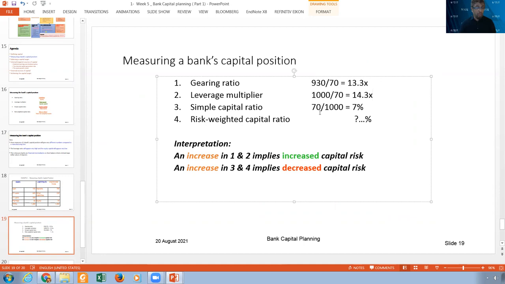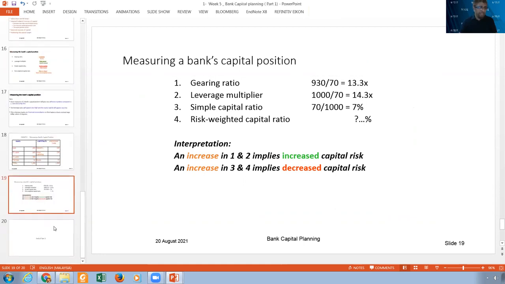But when my capital is the numerator and it increases, this percentage I like to see increase. So that is actually decreasing capital risk. When it increases here and here, it decreases capital risk simply because our capital is increasing. Here our capital is decreasing. It's as simple as this.